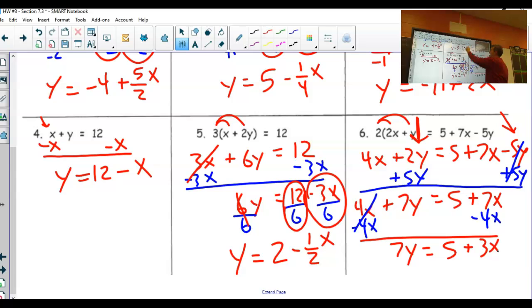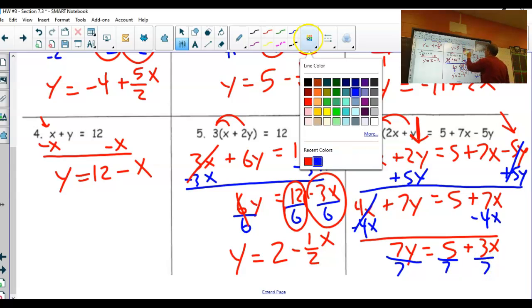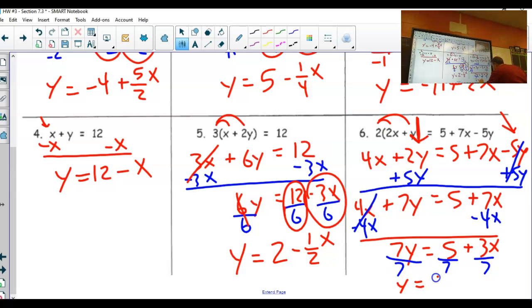And finally, I would divide everything by 7. And that's going to give me my final result. I guess I'm as far down as I can get. y equals 5/7 plus 3/7 x. That was a hard one.